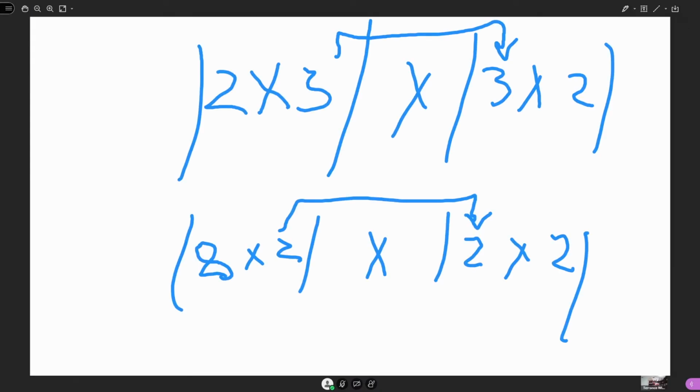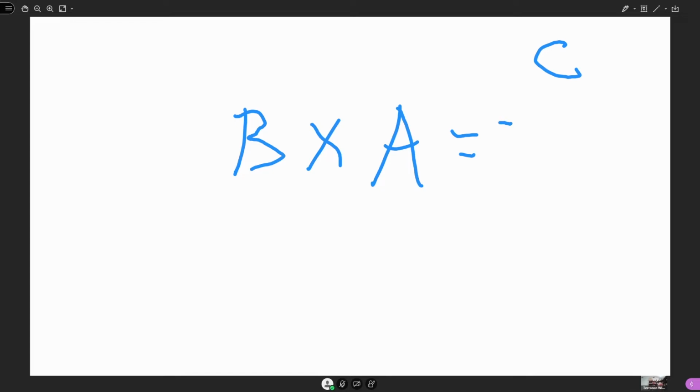So here's what we have. We took our A matrix and multiplied it by a code. And we got the C matrix, which is -29, -64, 43, and 92.